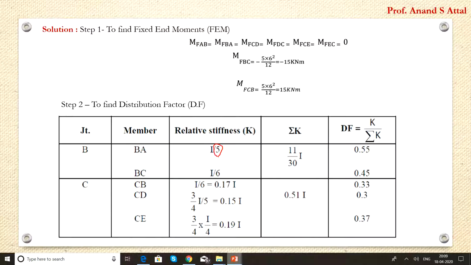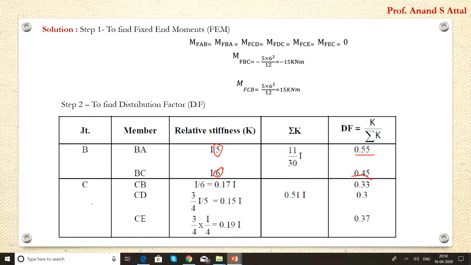Then for member BC, C is a continuous or rigid joint, so the relative stiffness is again I by L, that is I by 6, as 6 is the span. So summation K is 11 by 30 I, and the distribution factor for BA comes 0.55, and for BC it comes 0.45.